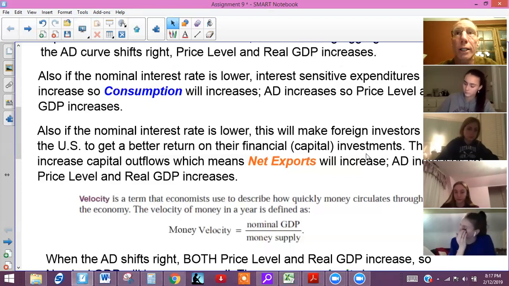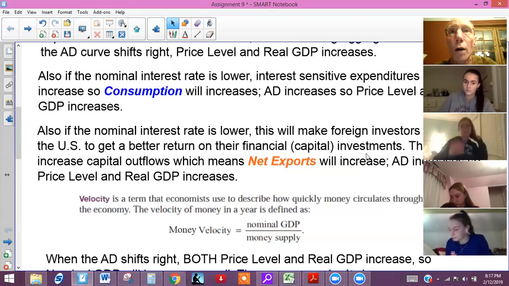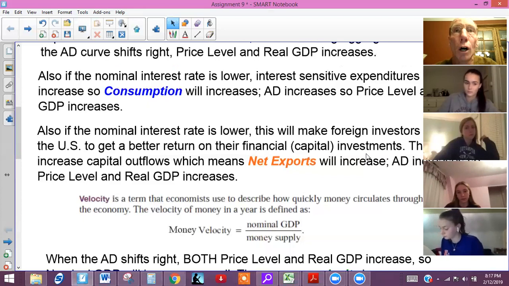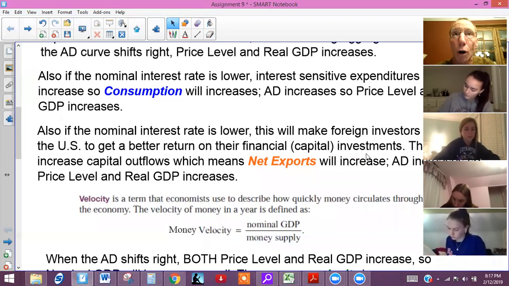We know that capital outflows and net exports move in the same direction. Capital inflow and imports move in the same direction. Net exports go down as inflow goes up. Net exports go up as outflow goes up. So if net exports go up, that's going to also mean an increase in aggregate demand, because it's part of the aggregate demand function.